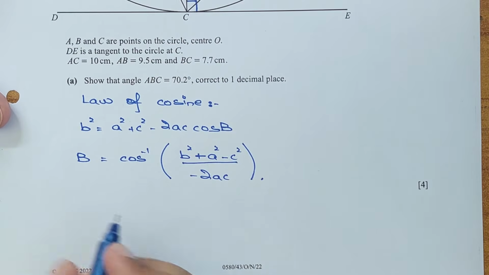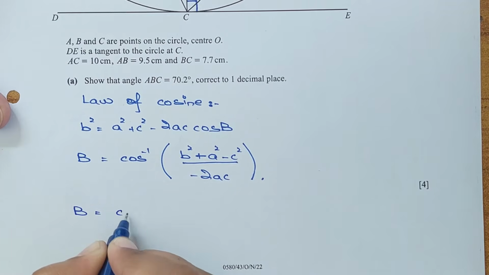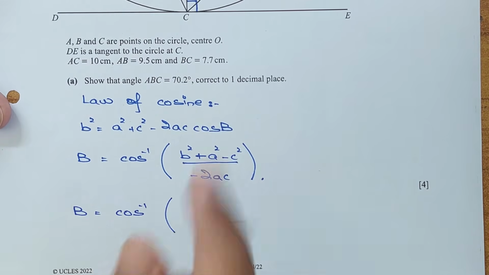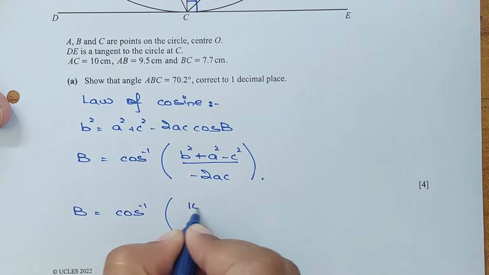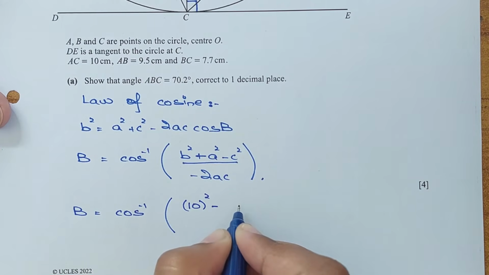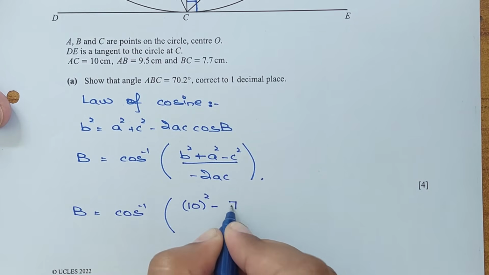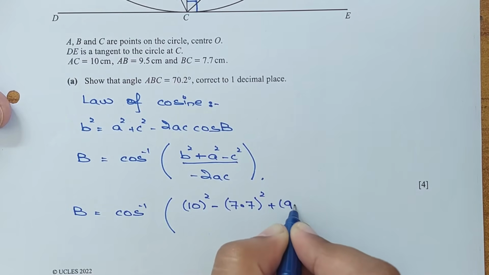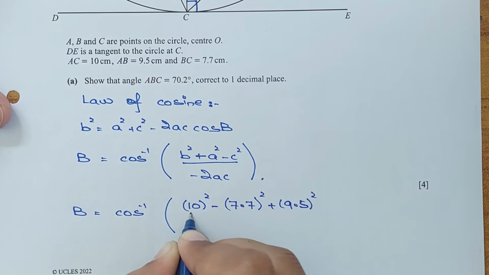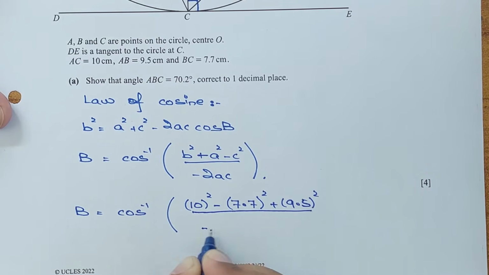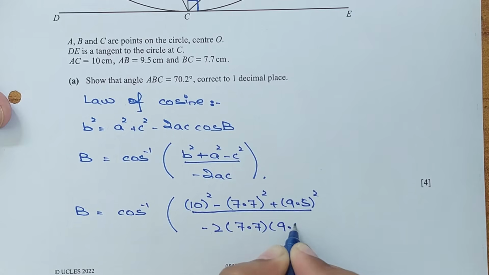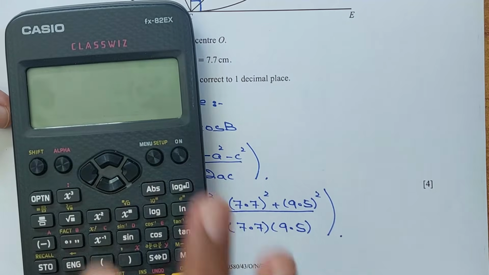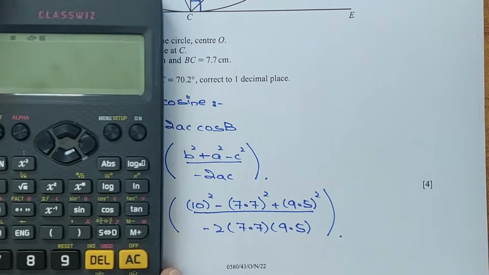Now B equals cos inverse of, B is 10 centimeters, 10 squared minus the A value, which is 7.7 squared, minus the C value, which is 9.5 squared, divided by minus 2 times 7.7 times 9.5. We are doing it in degrees, right? Okay, my calculator is already in degrees.